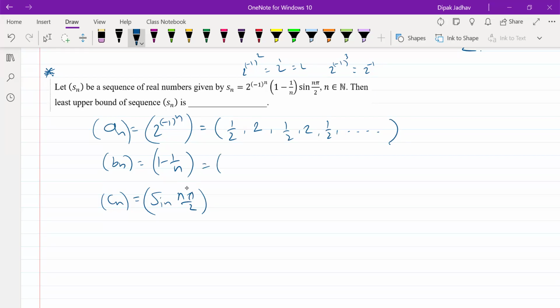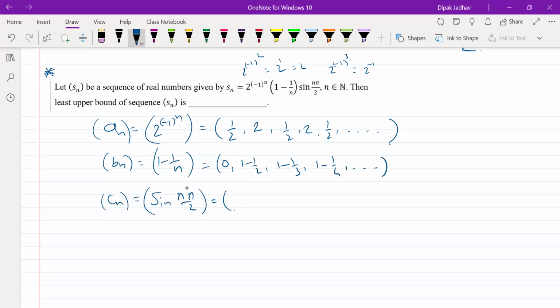What about the second sequence? 1 minus 1, that's 0. First term is 0. Second term is 1 minus 1 by 2, that's 1 by 2. And the last sequence here, sin n pi by 2.